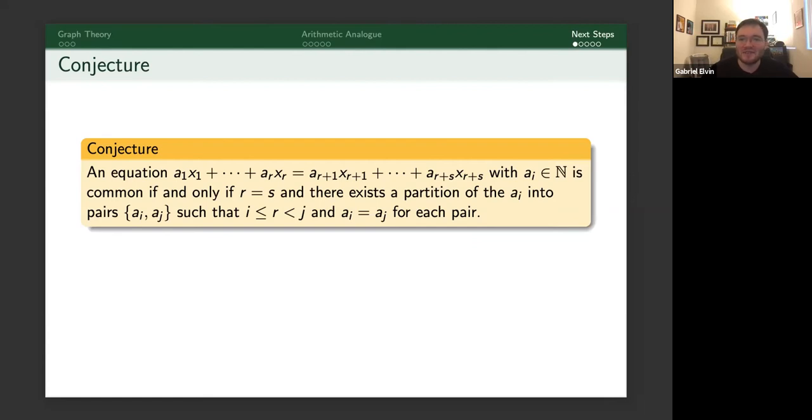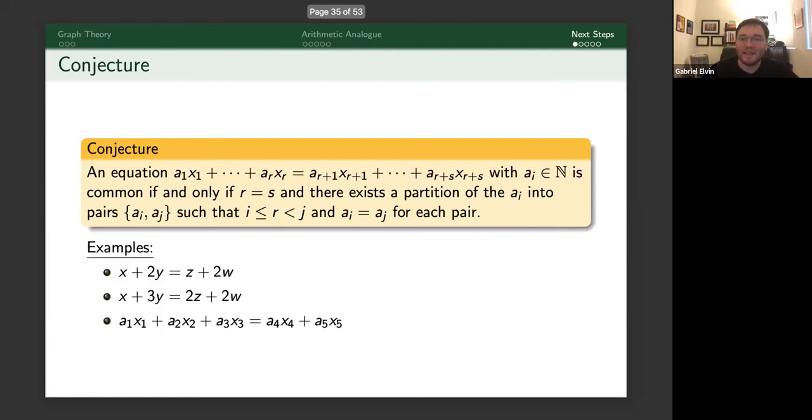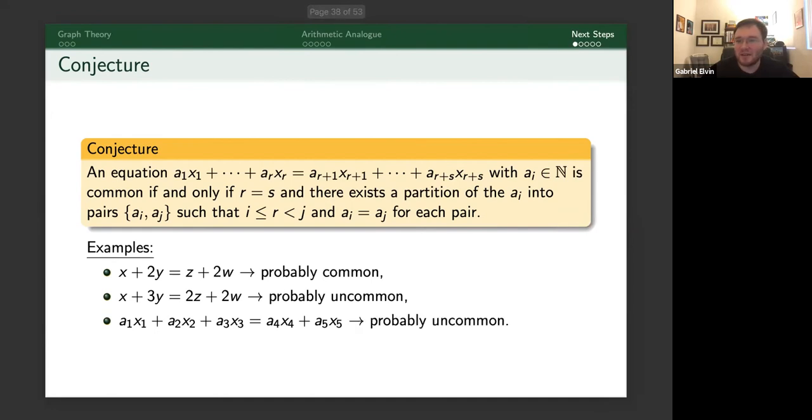So if there's a 2 on the left, there better be a 2 on the right, and et cetera. And that's the only equations that would be common. So for example, this first equation we think is common, the second equation we would think probably uncommon, and this last equation probably uncommon, just because there are an odd number of terms.